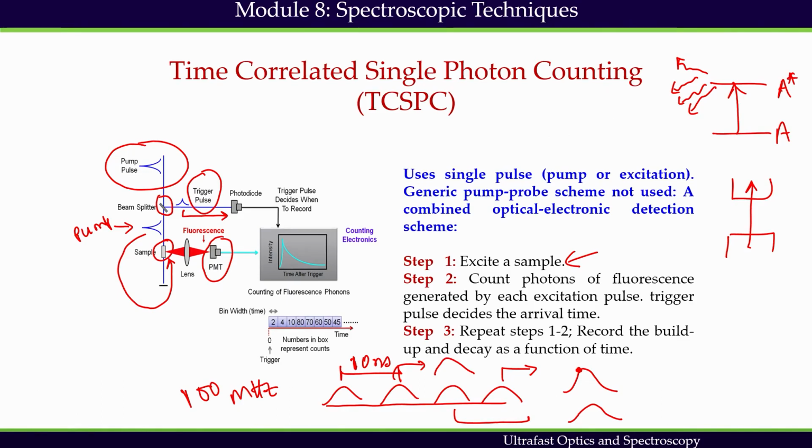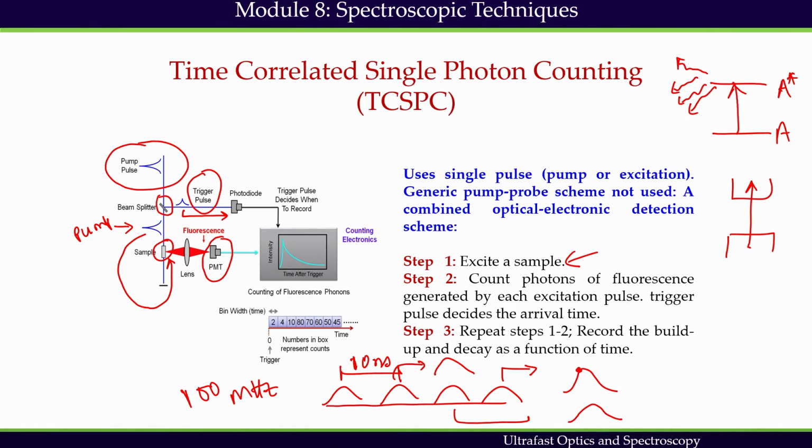And in this situation, if the fluorescence lifetime is longer than 10 nanoseconds, then we have to use a pulse picker to step down the effective repetition rate of the excitation laser.